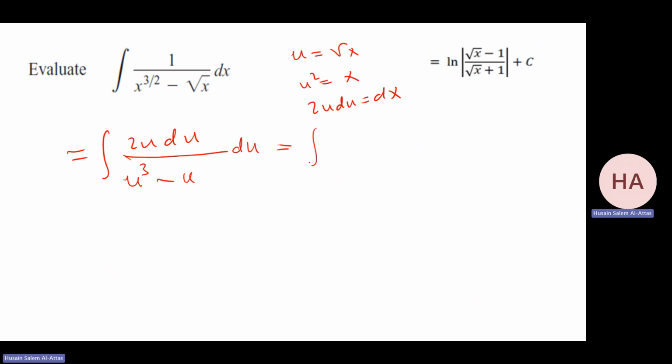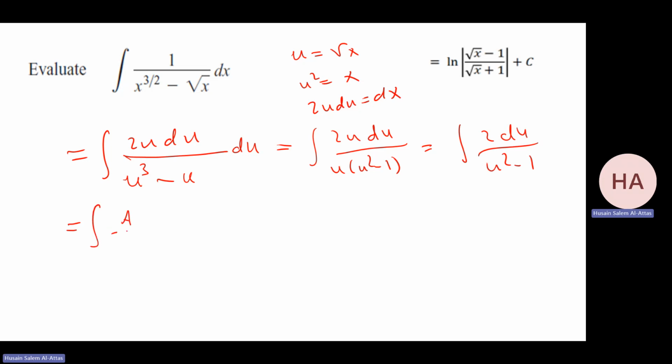That will be the integral of 2u du over u square minus 1. That gives me 2 du over u square minus 1, which I can do easily as the integral of a over u minus 1 plus b over u plus 1. This is u minus 1 times u plus 1.